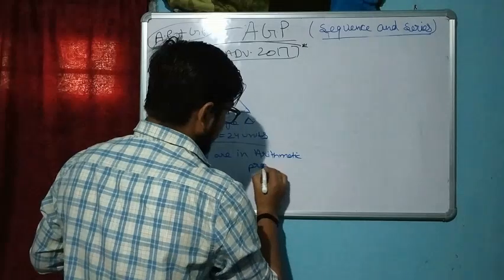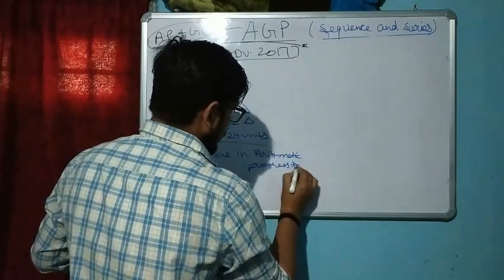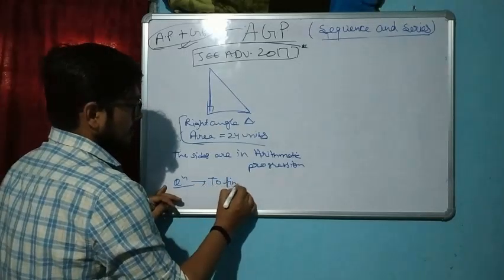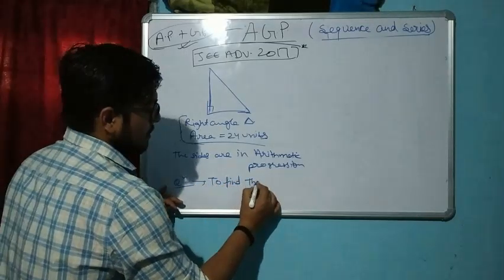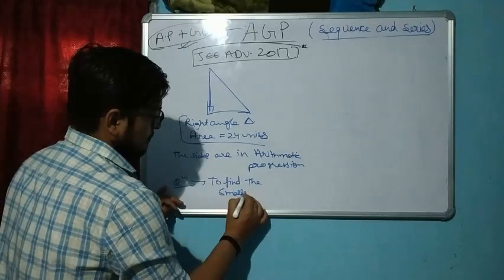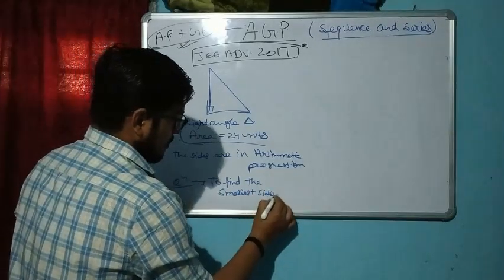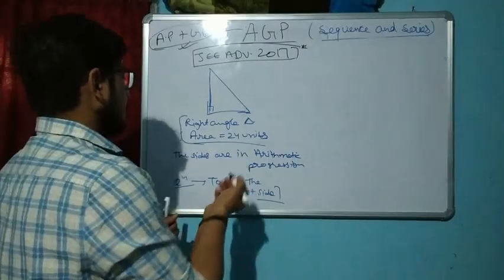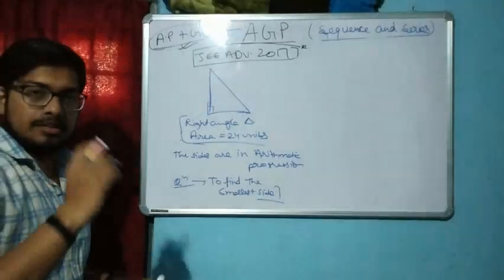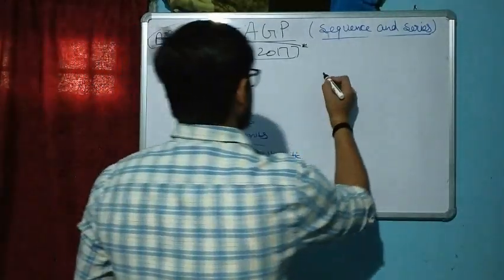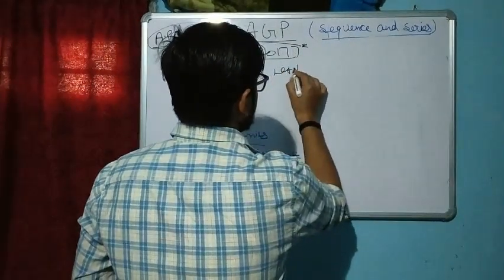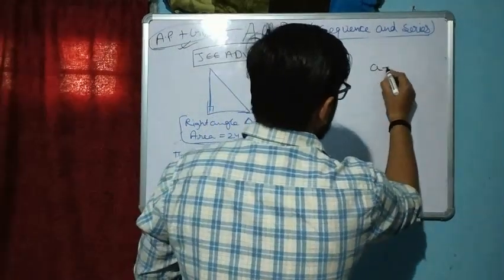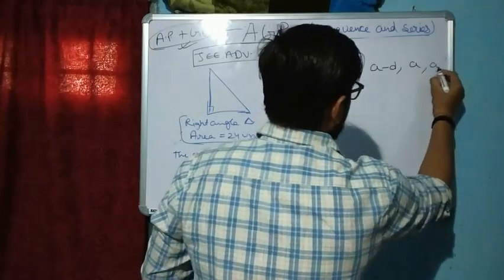So what we need to find, the question was, is the smallest side. Let's suppose the three sides are, since we know that the three sides are in arithmetic progression, we'll assume that the sides are a minus d, a and a plus d.